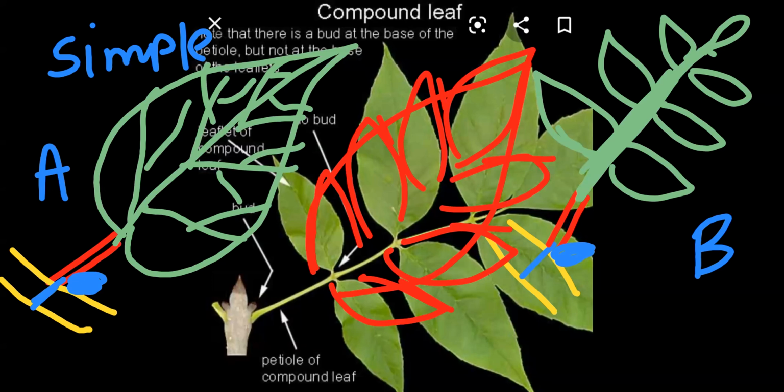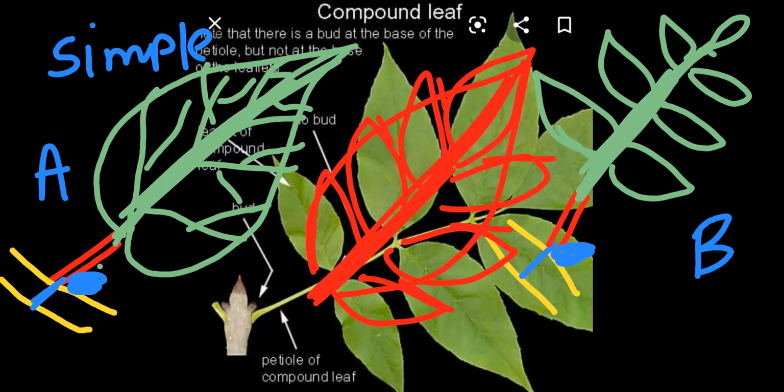And at the center, the midrib is present. So now understand this. The entire leaf is converted into small leaflets, and these small leaflets are arranged on their main vein, or midrib. At the center the main vein is present, and then their branches, veinlets.